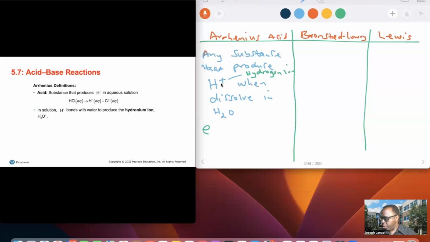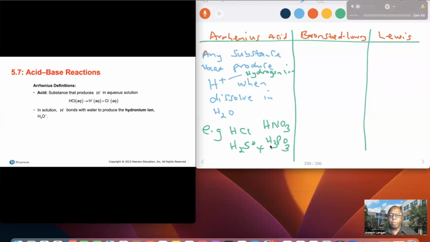This includes compounds such as hydrochloric acid, sulfuric acid, H2SO4, nitric acid, and phosphoric acid, H3PO4. These are examples of Arrhenius acids. If you look at the chemical formula, they have hydrogen. When dissolved in H2O, it produces hydrogen ion.